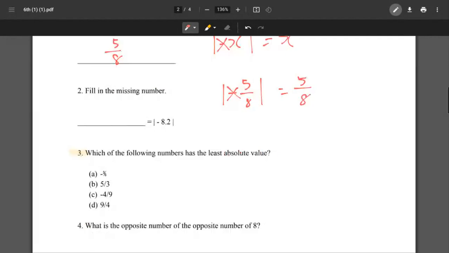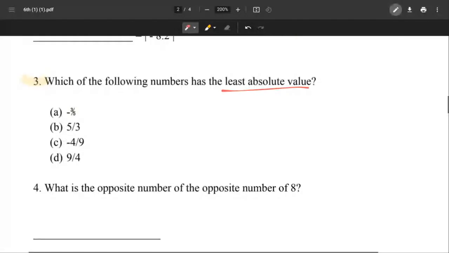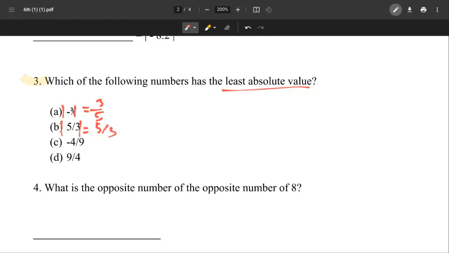Let's look at number 3. Which of the following numbers has the least absolute value? Okay, so again, we got to find all the absolute values of the given numbers. So the absolute value of negative 3 over 5 is 3 over 5. The absolute value of 5 over 3 is 5 over 3.